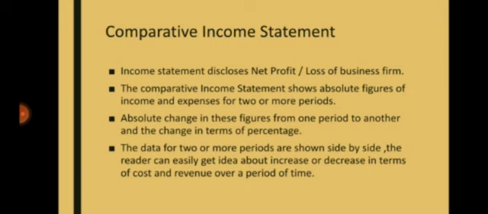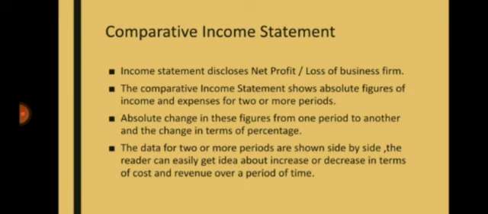The data for two or more periods are shown side by side, by which the reader can easily get an idea about increase or decrease in terms of cost and revenue over a period of time. Suppose, for example, the sales amount for 2018 and 2019 will be placed side by side.